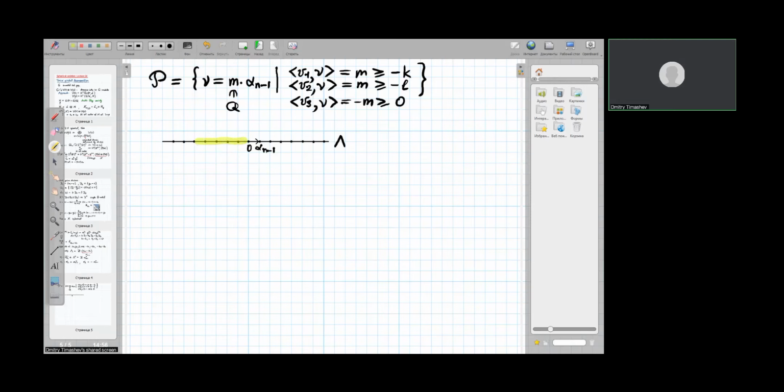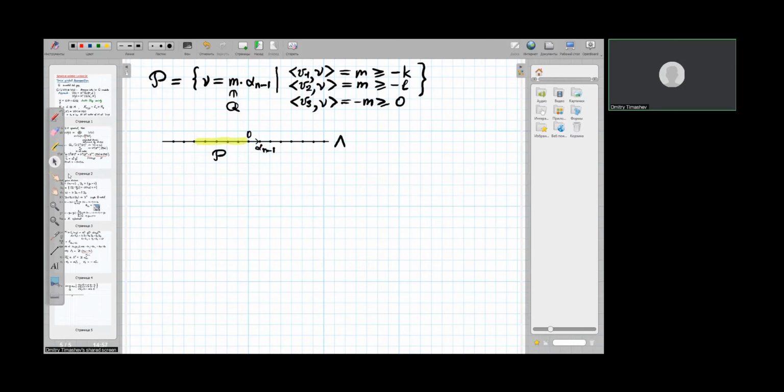This is my P. Maybe I will put the coordinates above this line, so let me move 0 to the top.